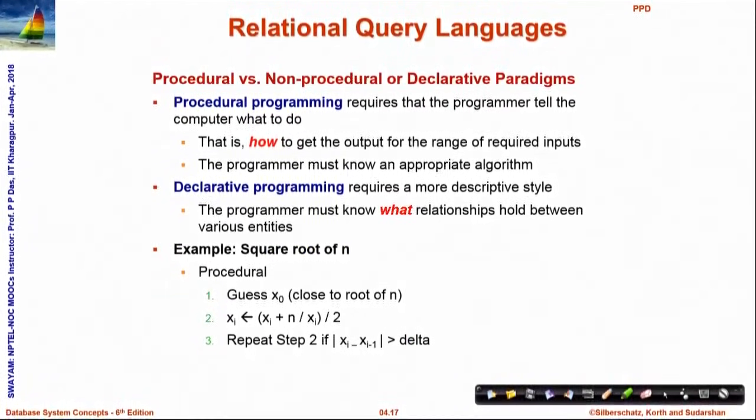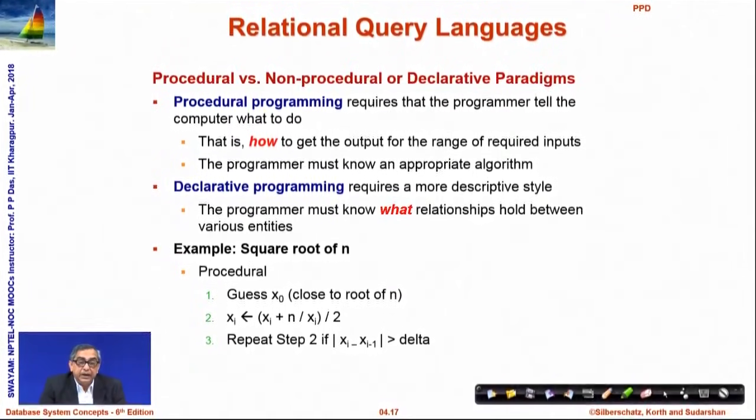So, just a simple pathological example to understand this difference. Suppose we were interested in computing the square root of a number n, assuming n is a positive number. The procedural step could be something like this. It is an algorithm where you guess an x naught, which is close to the square root of n, and then you repeatedly refine this estimate by taking the arithmetic mean of the estimate and the quotient of the division of n by this estimate.